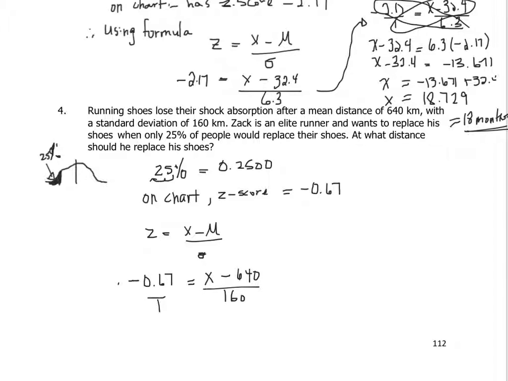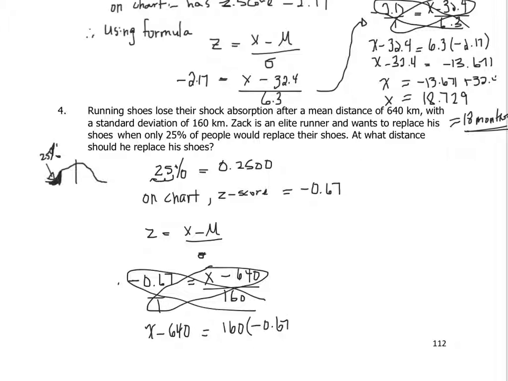So we put that over 1, cross multiply, and we get x minus 640 is 160 times negative 0.67, which is going to give you x minus 640 is negative 107.2.